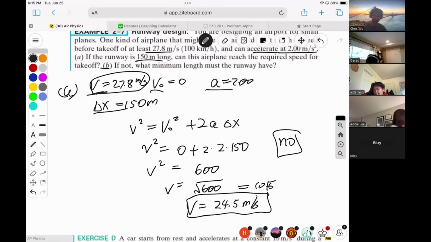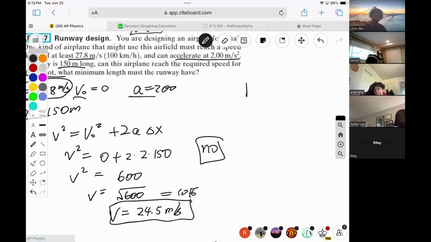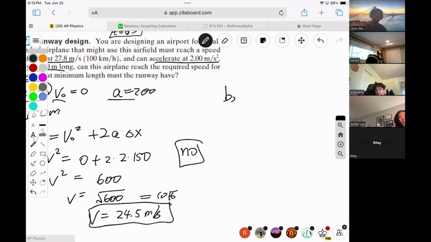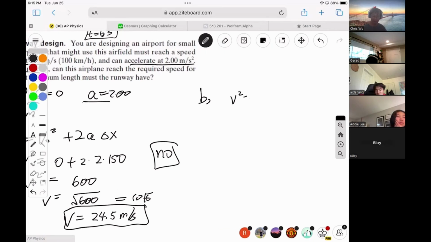Then B: if not, what minimum length must the runway have? Okay, for minimum length, I would want my plane to barely reach the 27.8. I'm going to use exactly the same equation because I still don't care about time. So V squared is equal to V naught squared plus 2A delta X. I'm solving for delta X here. I know all the other things.